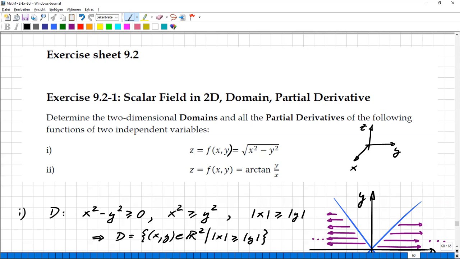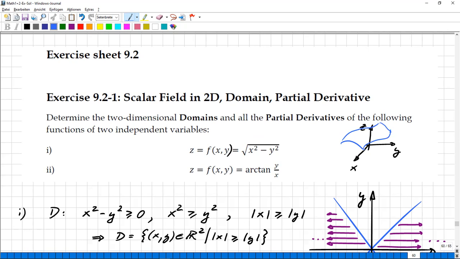Okay, so now it is possible to visualize this function by using a curved surface which spans along or above the XY plane. It's a little hard for me now to sketch this, but just imagine something like this, okay?